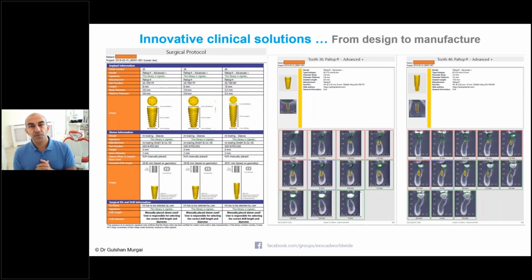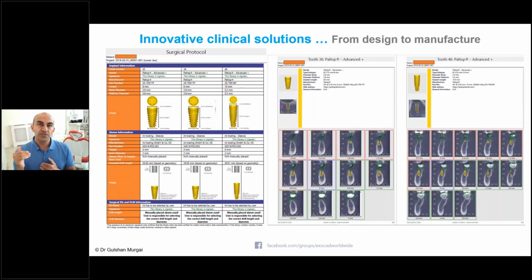Going on from that, this is exactly the same case. And what I want to show you here is that whilst you can graphically plan these type of cases very straightforward, very easily, using a structure, using a process, in the background, the software is working quite hard to create detailed reports like this. On the left-hand side is the surgical protocol. And again, I'm showing you this because this is a multiple implant case.